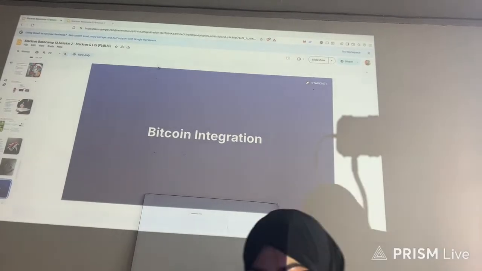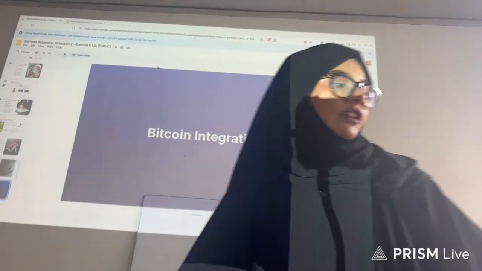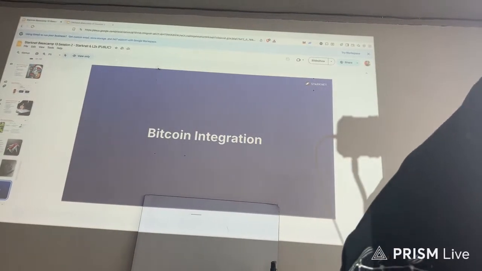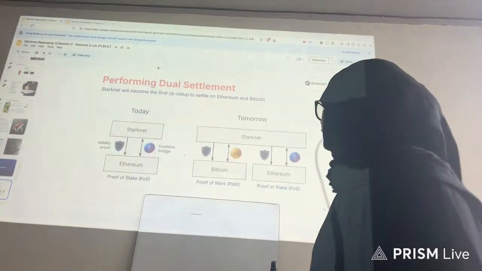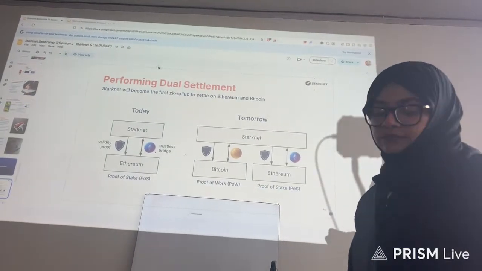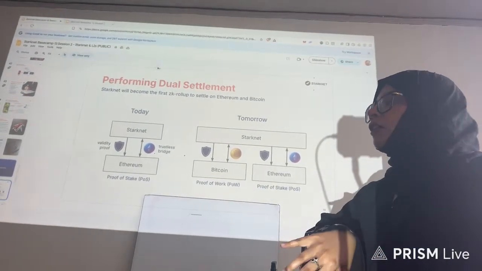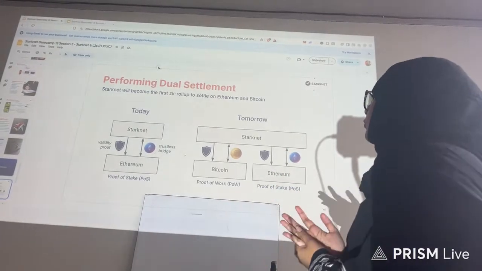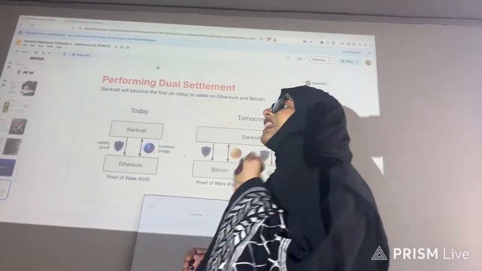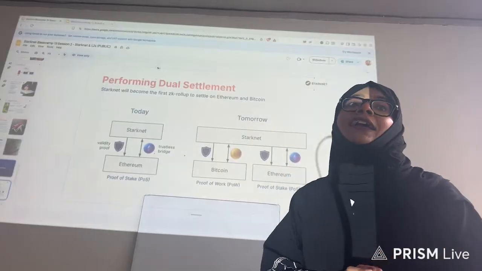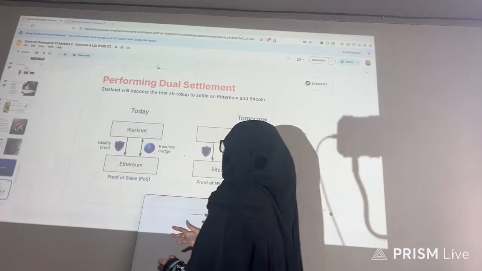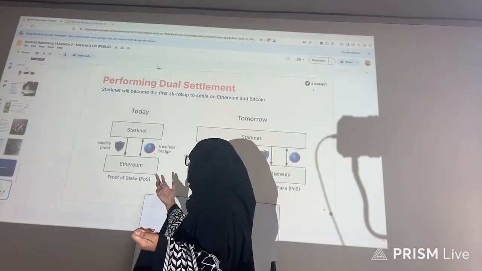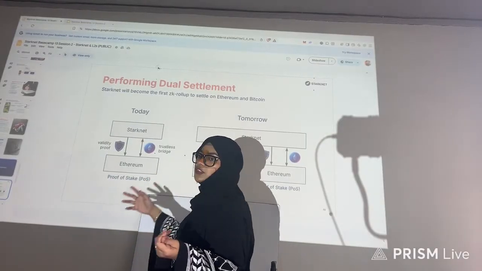Coming to Bitcoin integration. This is what we were talking about yesterday, and this is where we stopped yesterday. So what we are dealing with here is, now when we want to settle on Bitcoin, right? Starknet is the first ZK rollup to basically settle directly on Ethereum or Bitcoin. For Ethereum, they're already doing validity proofs and have built a trustless bridge that uses proof of stake.